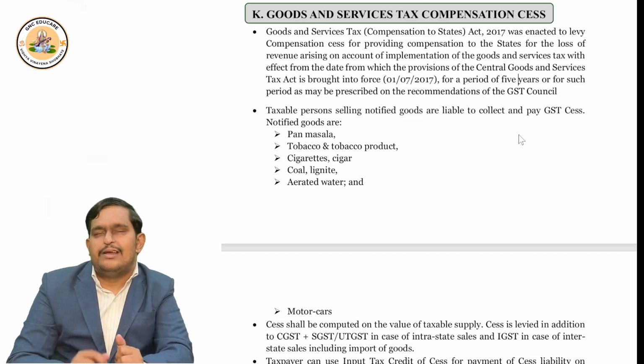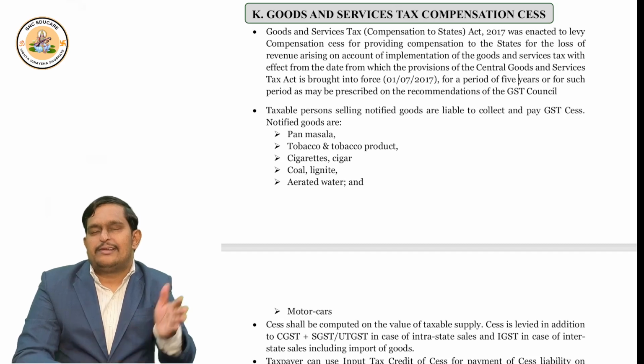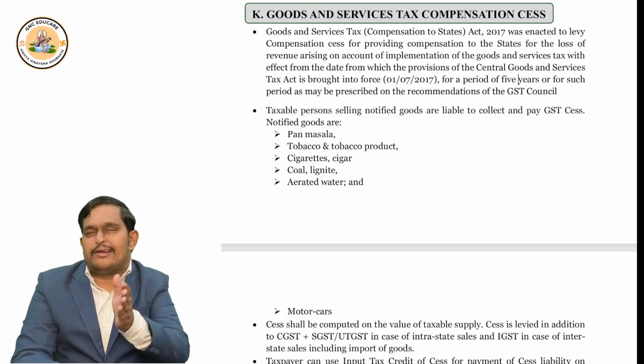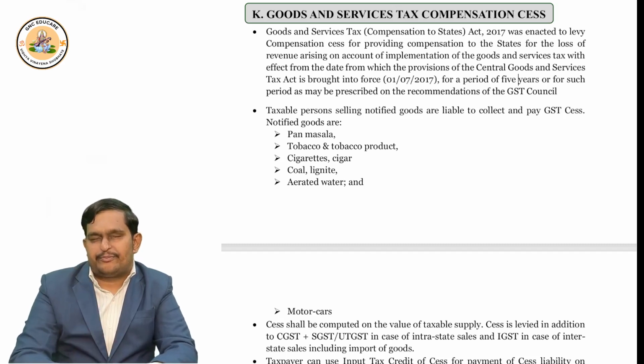Now, let us discuss further that this GST compensation cess is applicable, no doubt about it. So what we discussed: the GST Compensation to States Act 2017. The states were skeptical about revenue, so the central government promised to pay 5 years of losses.